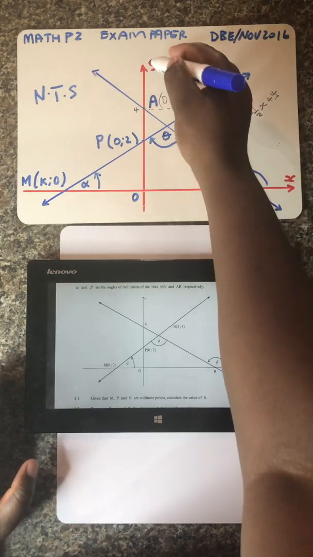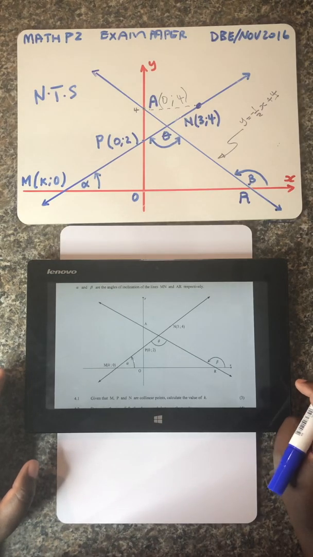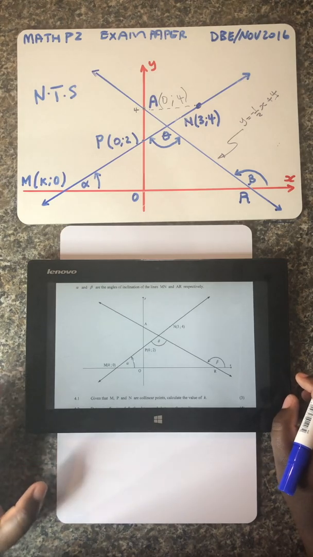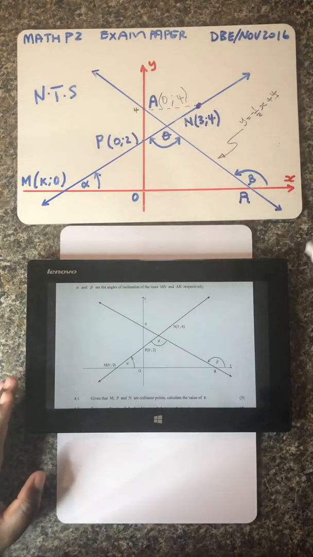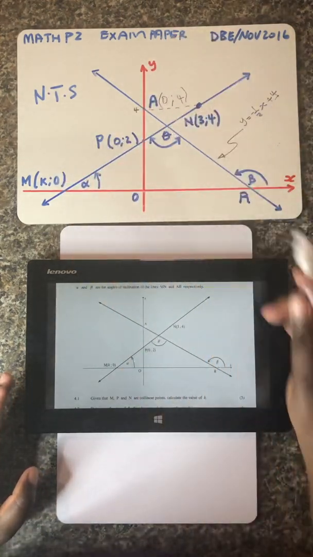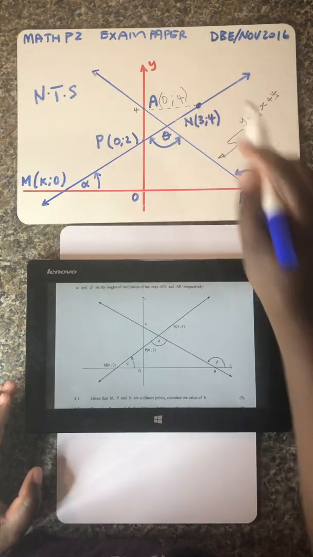I've drawn the y and the x axis in red so that it doesn't confuse you. From time to time, when you talk of a straight line, we'll be referring to these lines in blue, and we can make use of the x and the y axis to reference some of the points.